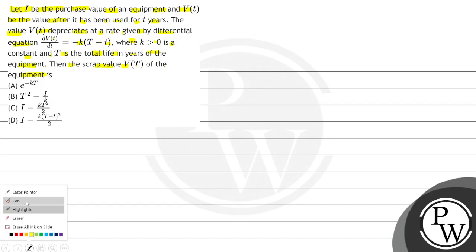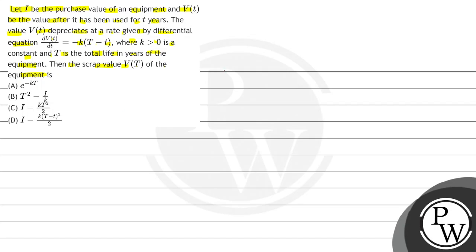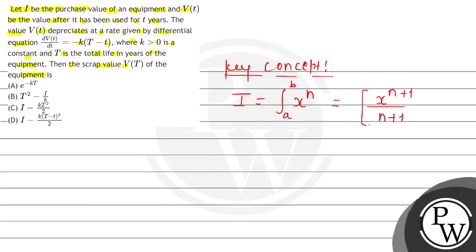So to solve this question, first we'll write the key concept that we will use. Suppose we have a function like x to the power n, and the limit a to b, then how will we integrate this? We know that it will be x to the power n plus 1 by n plus 1, and now we'll put in the limits a to b.